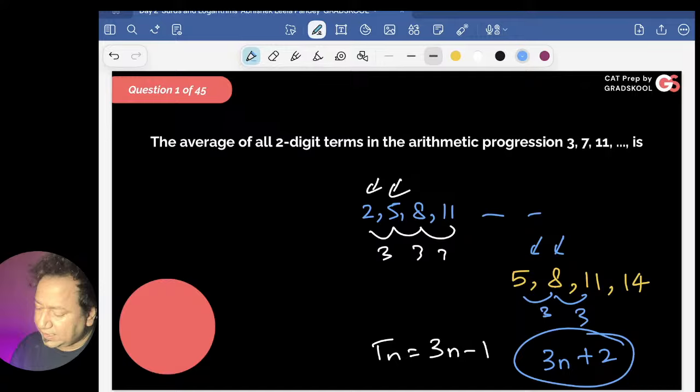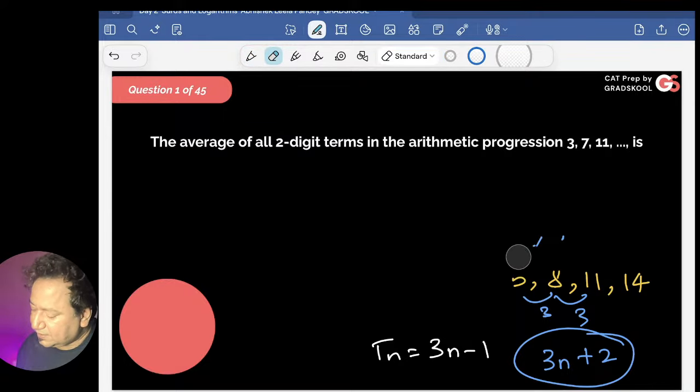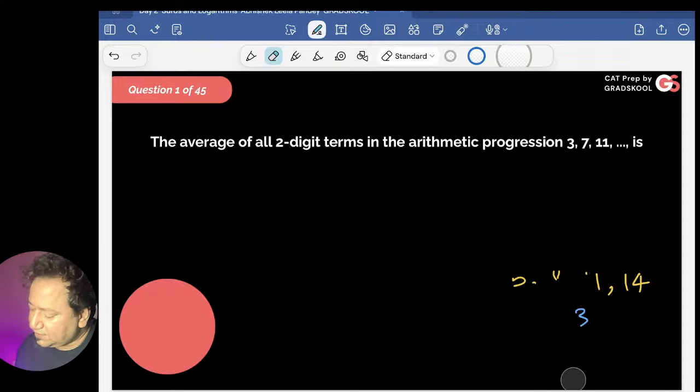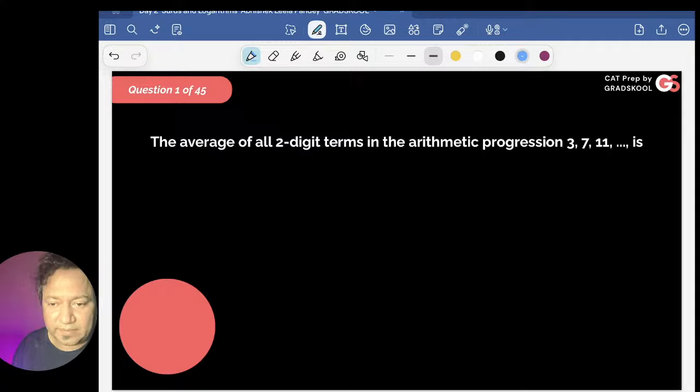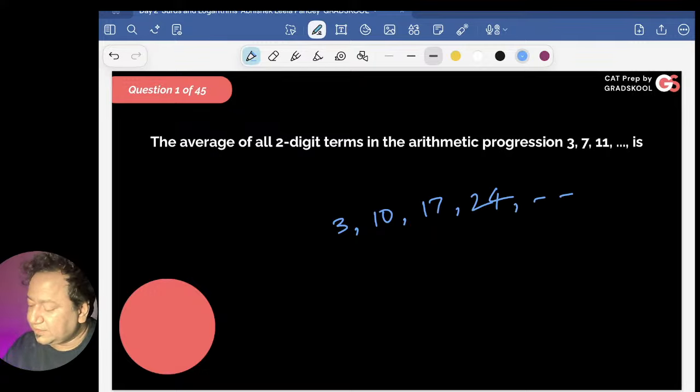And before we go ahead, let us make this a part of our lives with one more example. Let's say the AP is like this: 3, then 10, then 17, 24. Tell me what will be the general term over here.